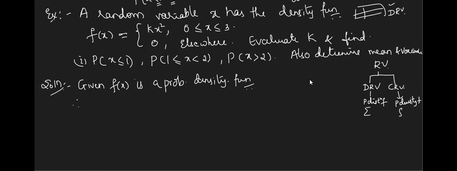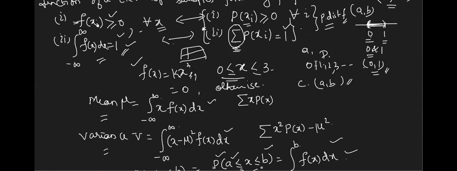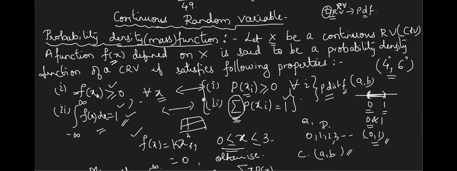I will just go through the definition. A function f of x is a probability density function if it satisfies two conditions. If it is already a PDF, that means both the conditions are already satisfied, am I right?